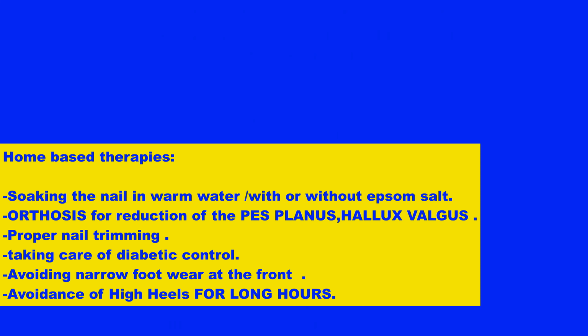So, coming to home-based therapies: soaking the nail in warm water with or without Epsom salt, special orthoses which are available in the market for reduction of the pes planus or hallux valgus, proper nail care, taking care of the diabetic control, avoiding narrow footwear and high heels with pressure on the forefoot. These are the common precautions we can use.